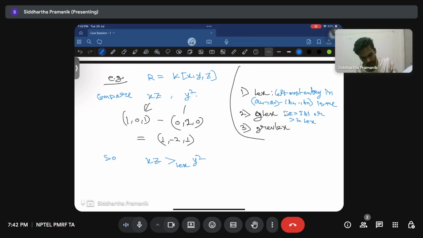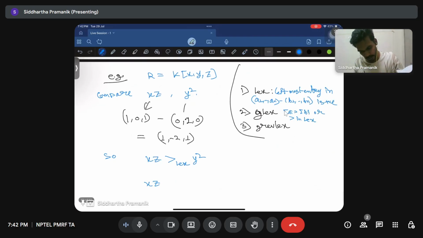Now what is it in glex, graded lexicographic order? Since the total degree is the same, both have total degree 2, we need to check in lex. The first one is positive, the first one is bigger, so in glex it is the same.